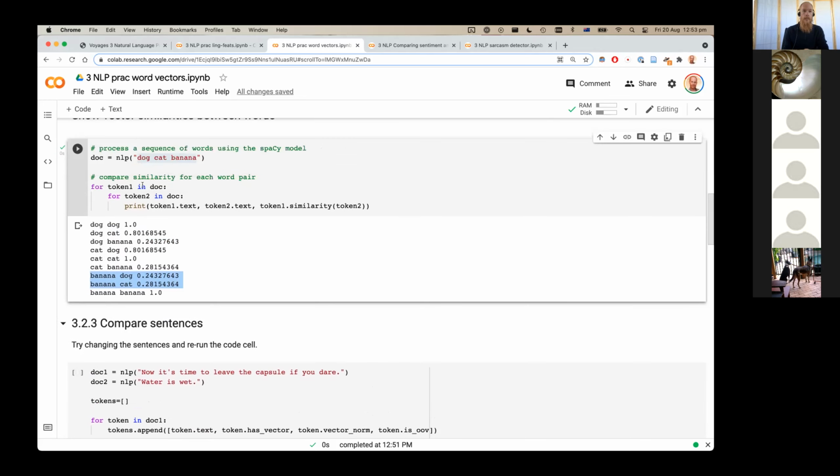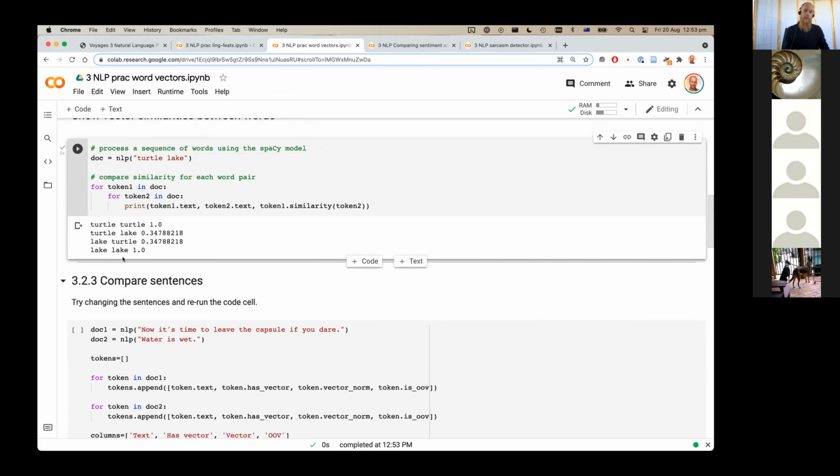So again, play with these. We can have, what's the similarity of turtle and lake? Very low. Similarity of turtle and eel.